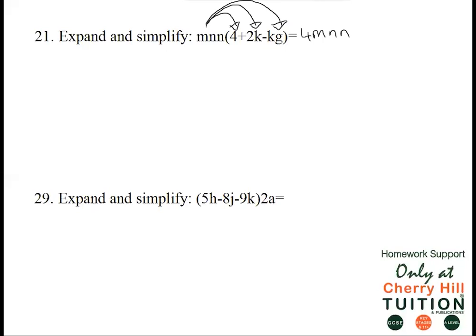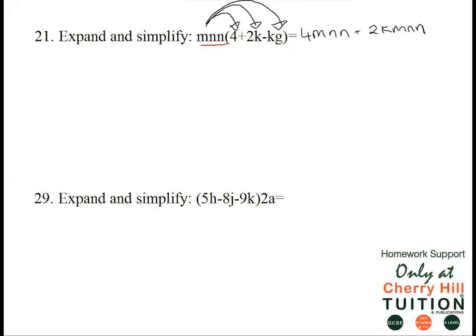And then we have mnn multiplied by plus 2k. This gives us plus 2k mnn, okay?